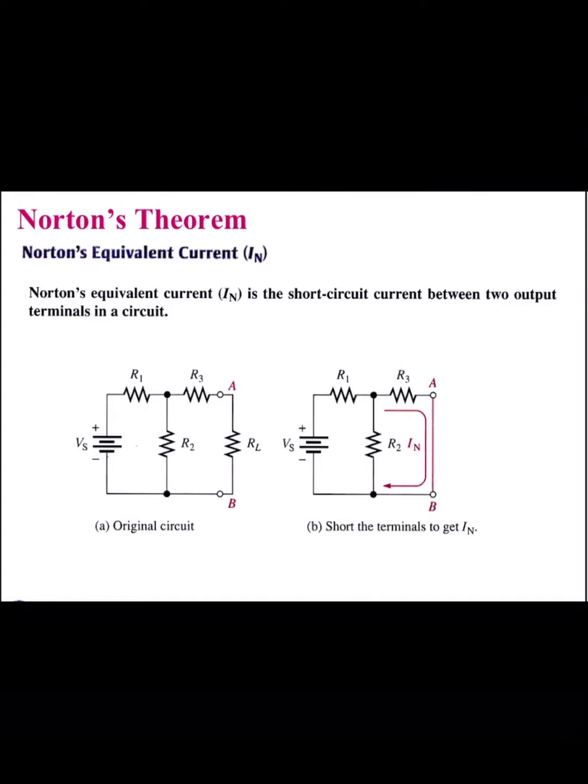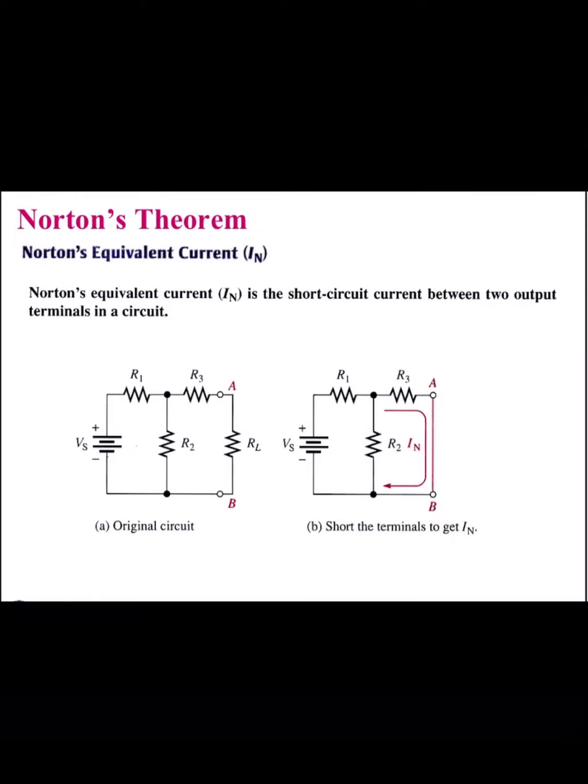So this Norton equivalent current IN is the short circuit current between the two output terminals in a circuit. Here you can see A and B are the load terminals, output terminals, and this IN will be the short circuit current, meaning when A and B are short circuited, RL is removed, any load is removed, and it is just a short, then the amount of current which will flow through this AB will be IN.